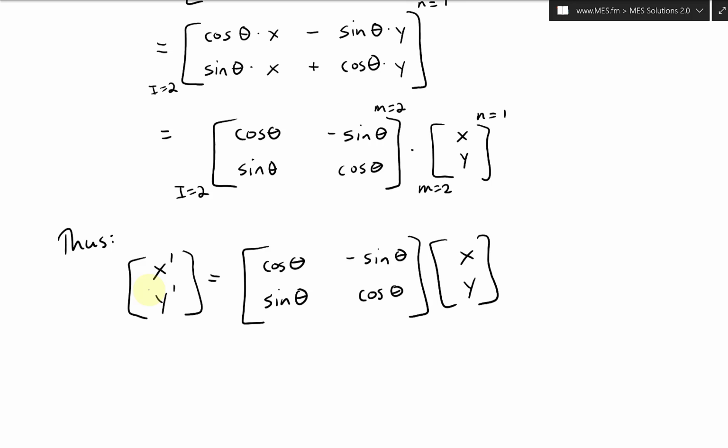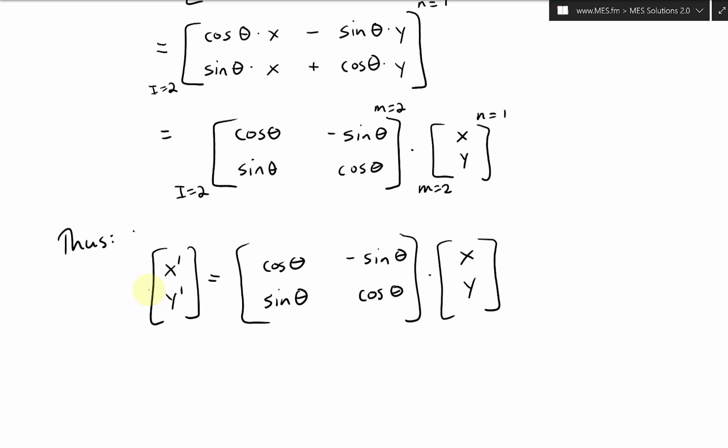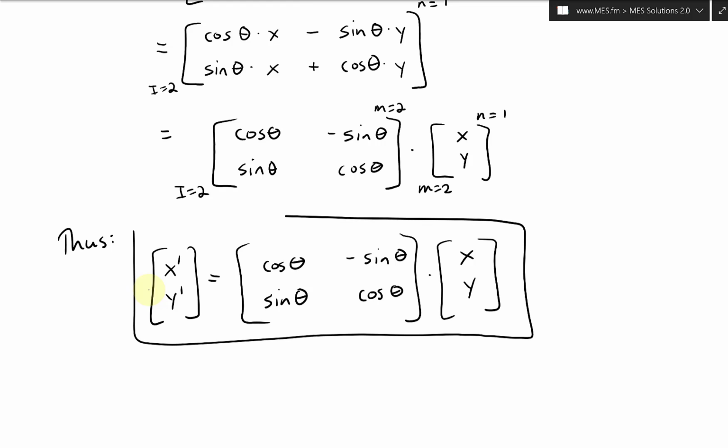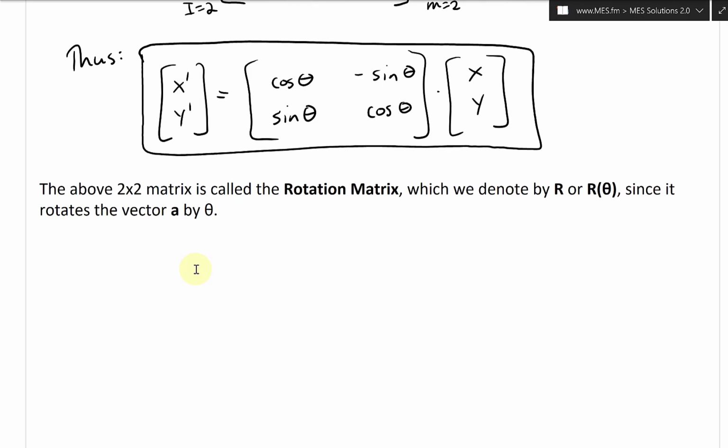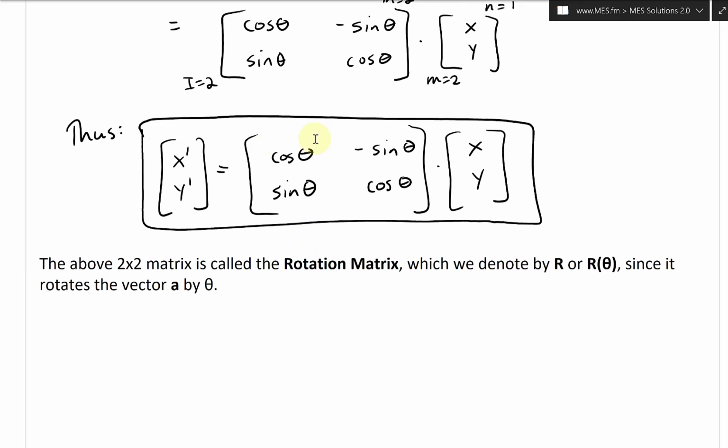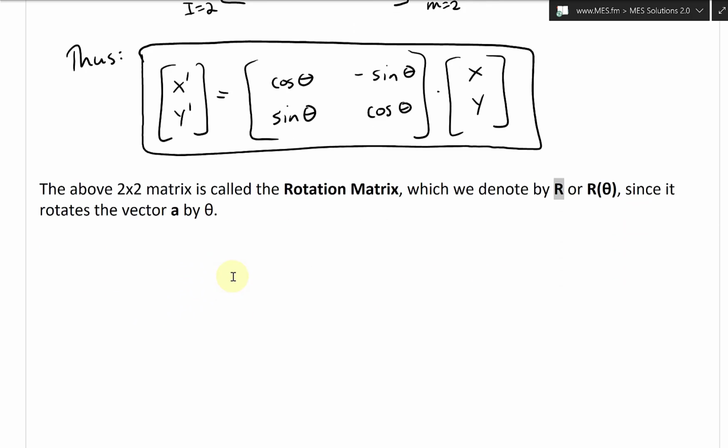Now this is absolutely fascinating. All right, and now let's just box this whole thing in. So now that we have this, let's go further. The above 2x2 matrix, this setup right there, is called the rotation matrix, which we denote by R, or R as a function of theta, since it rotates the vector a by theta.